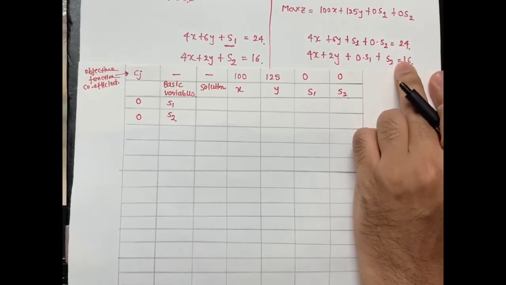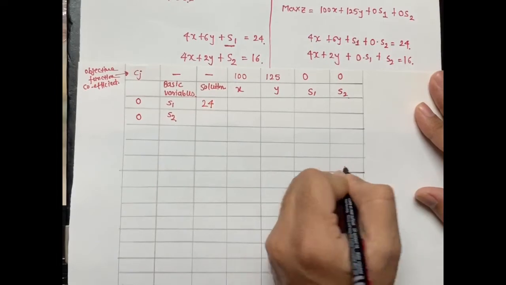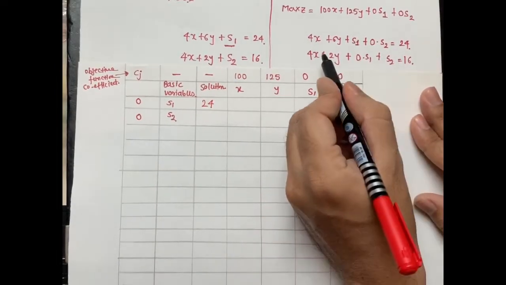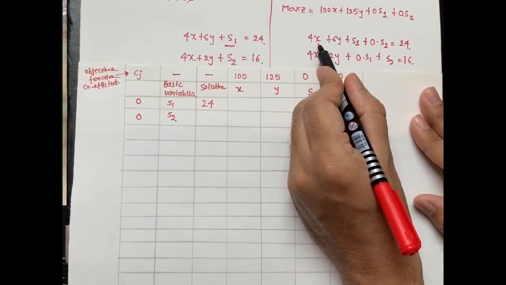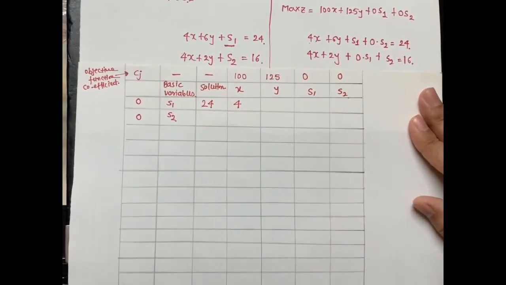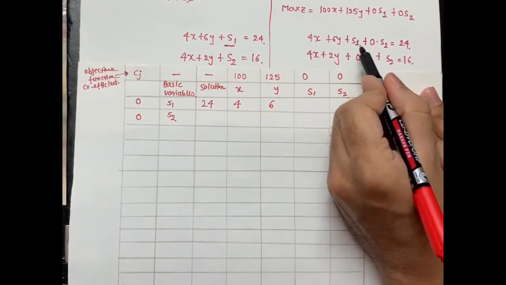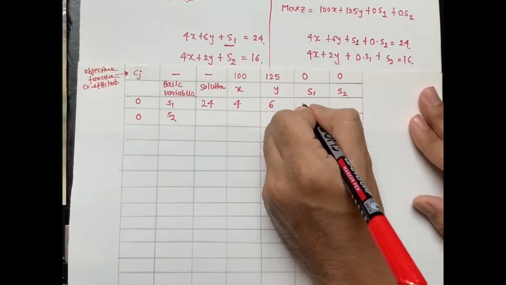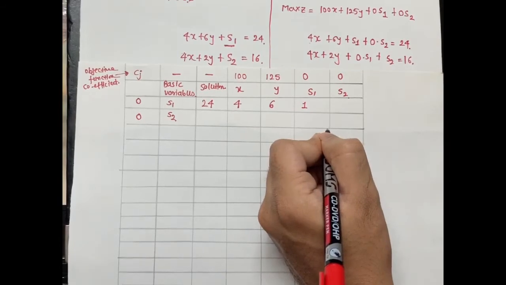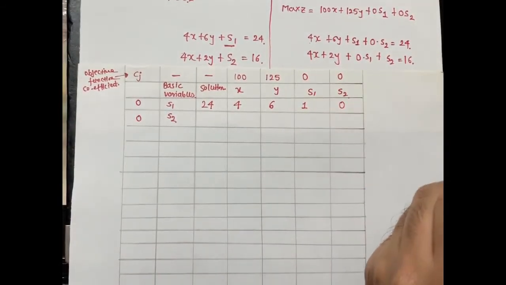So I have 24 for the first equation, so I'll write here 24. What is the coefficient of x in the first equation? 4. Coefficient of y in the first equation, 6. Coefficient of s1 in the first equation is 1, and coefficient of s2 in the first equation is 0.